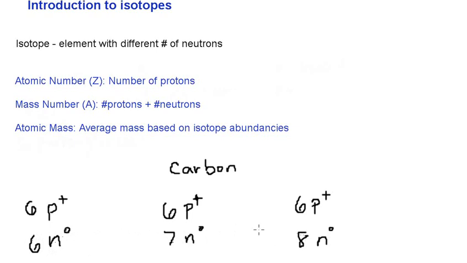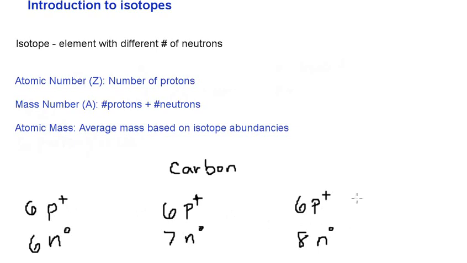But what happens is that these atoms occur at different proportions in nature. For example, the carbon atom that has 6 neutrons is actually the most abundant carbon atom in nature. It makes about 98% of carbon atoms.